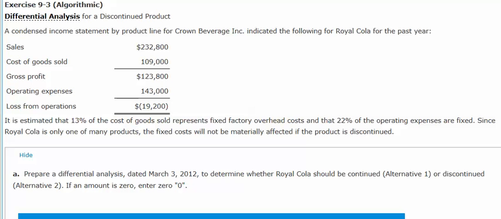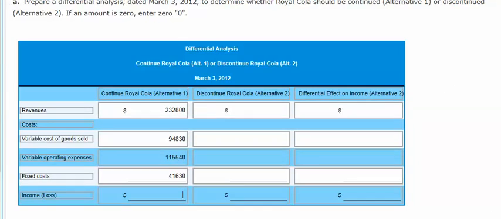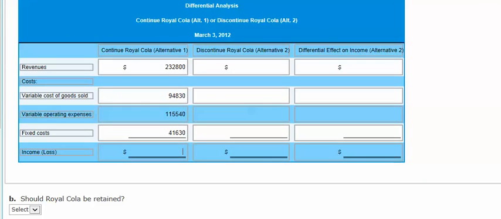So my total cost of these two is 252,000, and I need to subtract from that 94,830, and I'm going to subtract 115,540. It looks like 41,630. So that should be my fixed costs associated with it. And of course the income or loss is going to be the same as what I had there, 19,200 I believe. But we'll add it up and make sure.